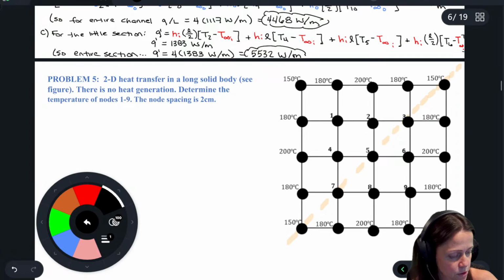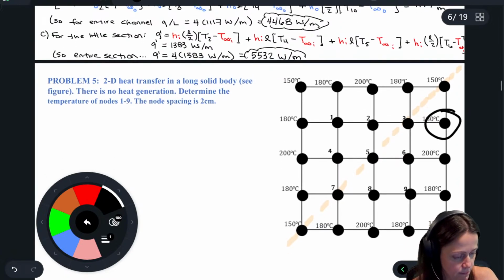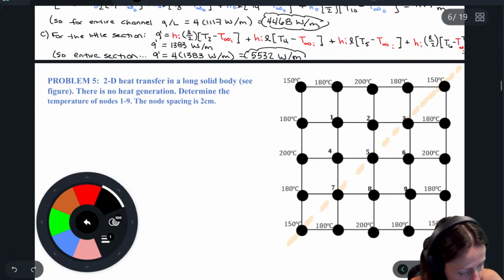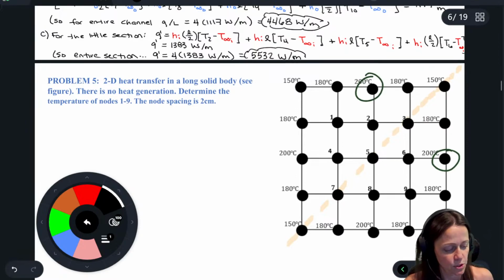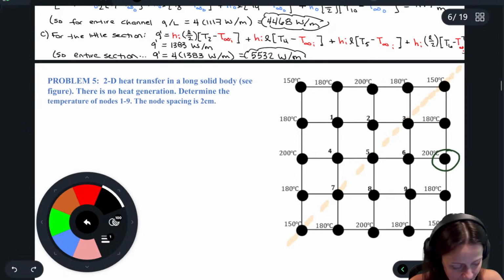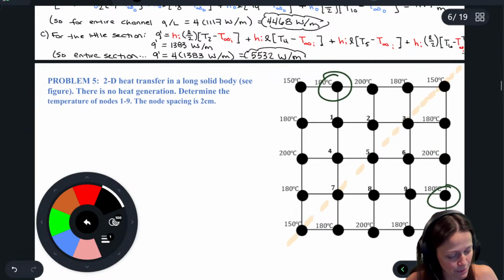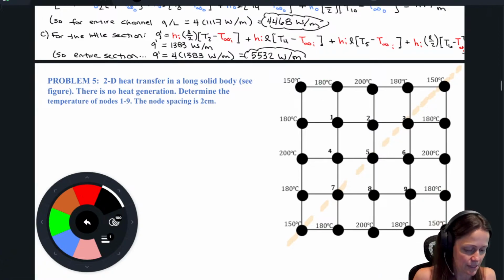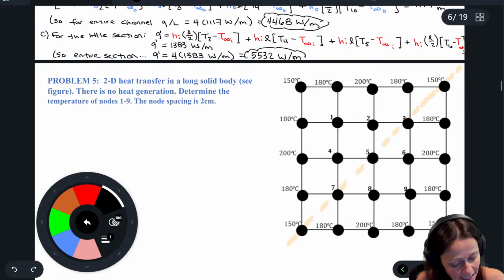Well, you look at the temperatures, right? This temperature and this temperature are the same. This temperature and this temperature are the same. So you've got this mirror image. And then you have the exact same thing going on here.